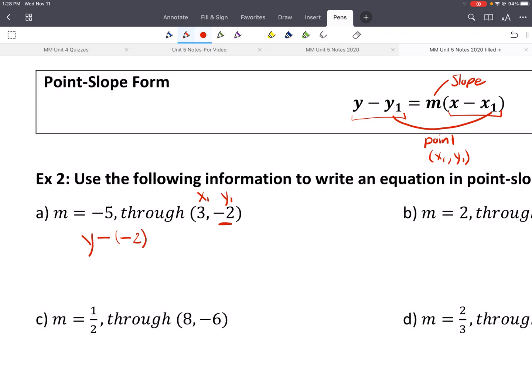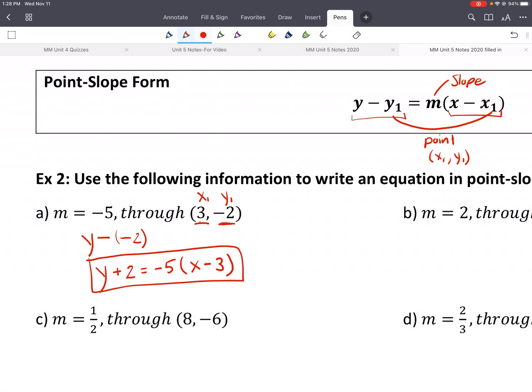Or perhaps an easier way to say it is that when you plug in these values, your signs are going to swap. So here we're going to get a positive 2, and then we have our slope, which is a negative 5, and then we do x minus x1. Well, x1 is 3, so we'll do a minus 3.